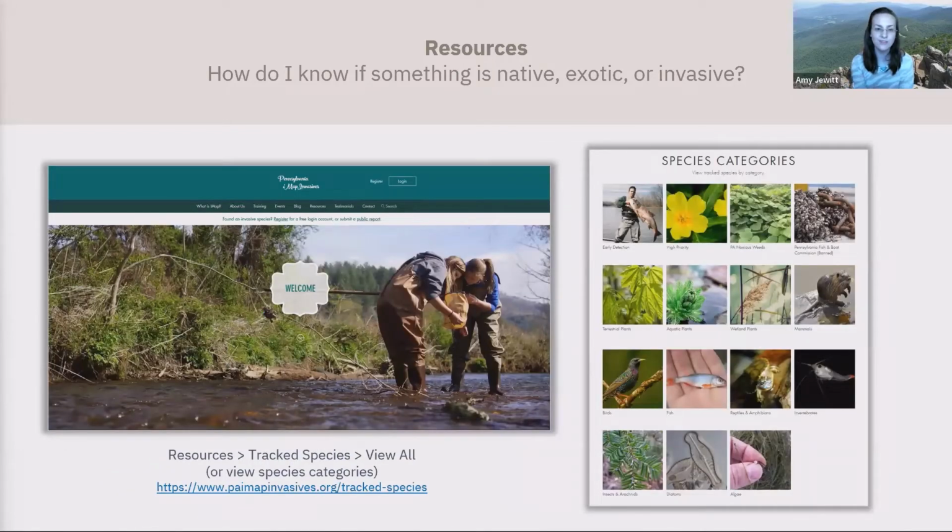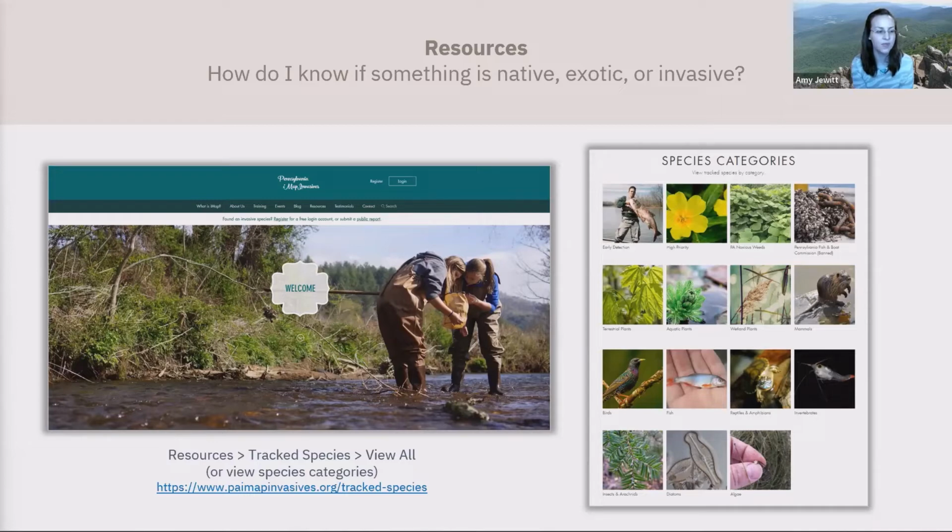And I would be remiss if I didn't talk about iMapInvasives. This is the program that I administer for my day job here at the Western PA Conservancy. And so this is a great resource that you can learn specifically about species that are considered invasive in Pennsylvania specifically.